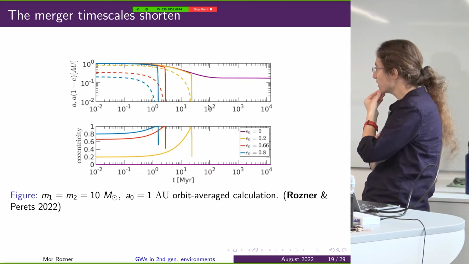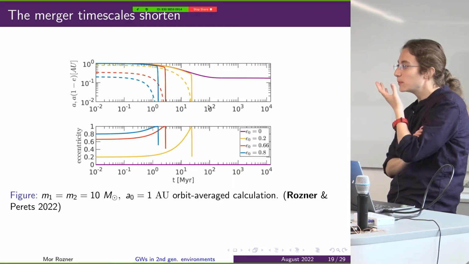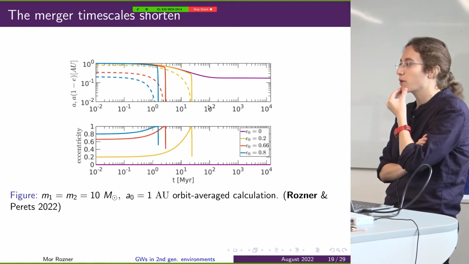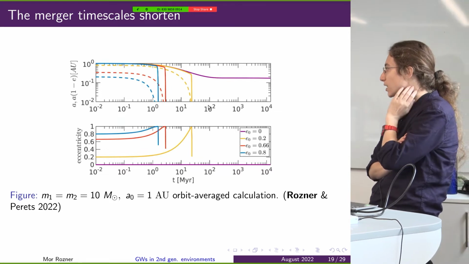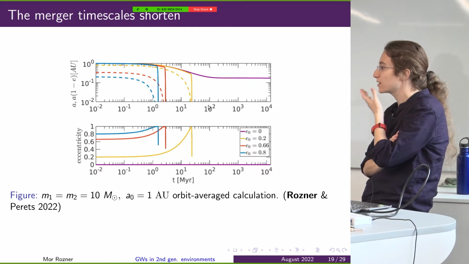So that's what happens here. And actually you have eccentricity excitation, which might be counterintuitive if you think about it for a minute, because usually, for AGN disks, etc., you think about gas-dynamical friction as something that circularizes your orbit.